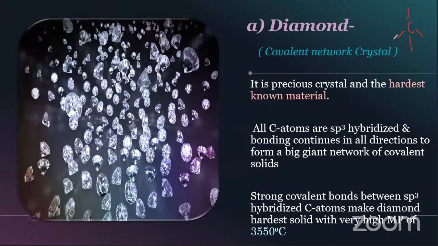Very good, tetrahedral. Like this, you get a huge chain of structures where every carbon is bonded to 4 other carbons. That means a tetrahedral structure. Strong covalent bonds between sp3 hybridized carbon atoms make diamond the hardest solid with a very high melting point of 3550 degrees Celsius. It has been reached up to 4000 also.